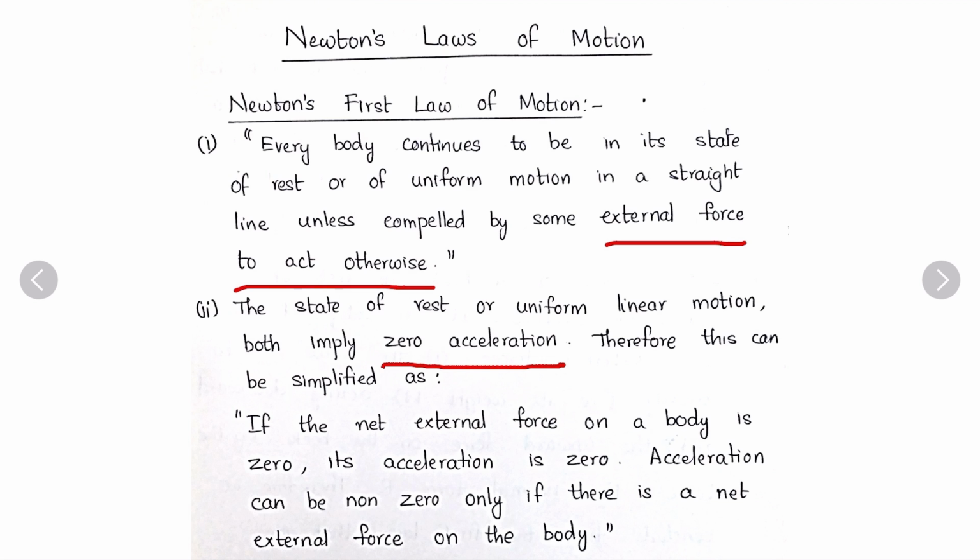So the statement goes like this: if the net external force on a body is 0, its acceleration is 0. That means if outside forces are not acting on the body, its acceleration is 0. Acceleration can be non-zero only if there is a net external force acting on the body. So this is another way we can say it.